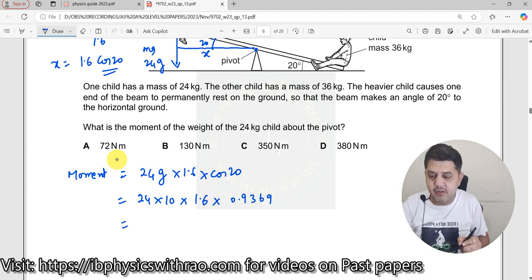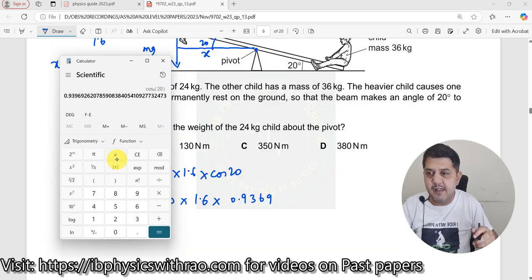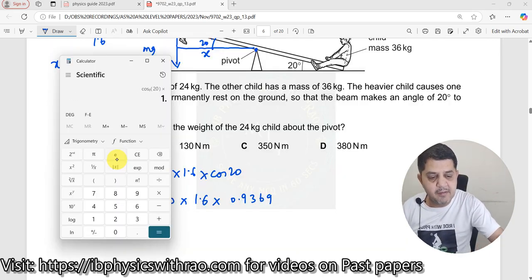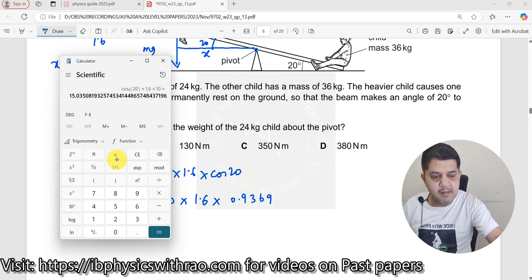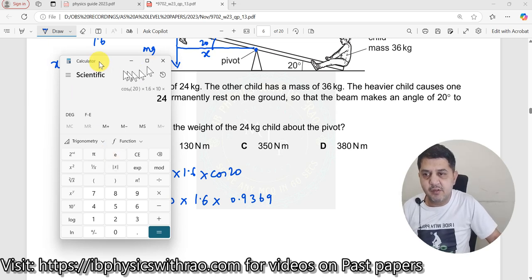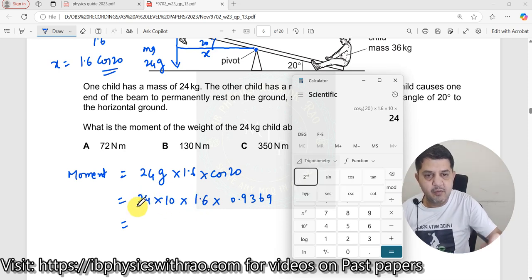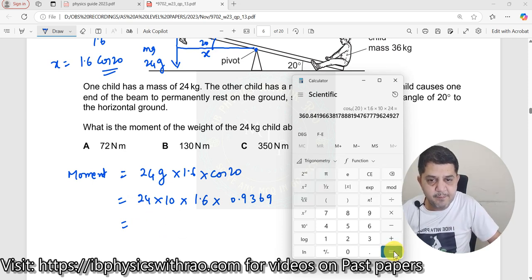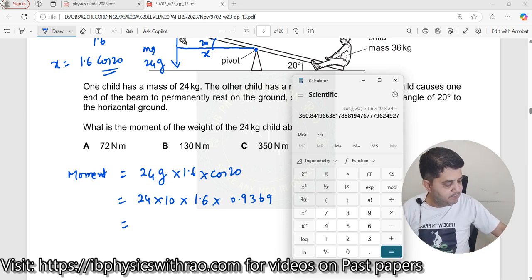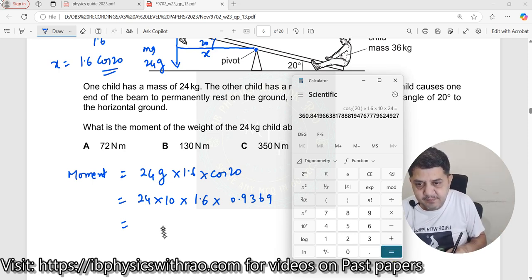When I multiply all these values, 0.9369 multiplied by 1.6 multiplied by 10 multiplied by 24, I get the answer as 360.84.